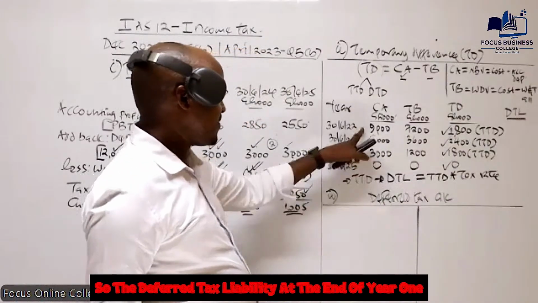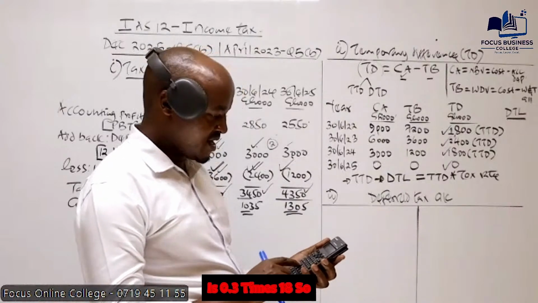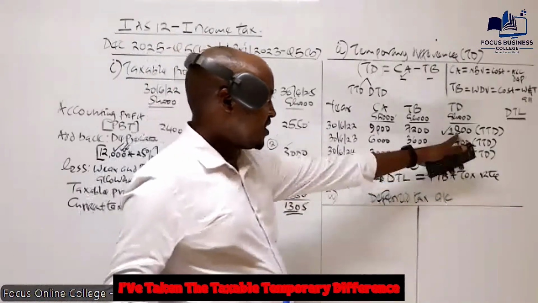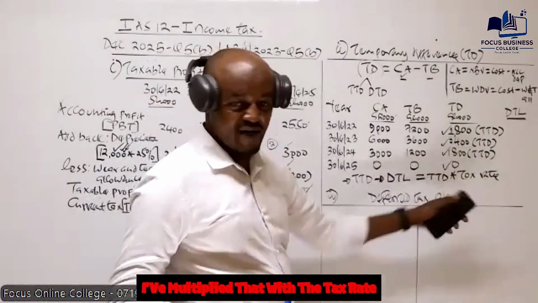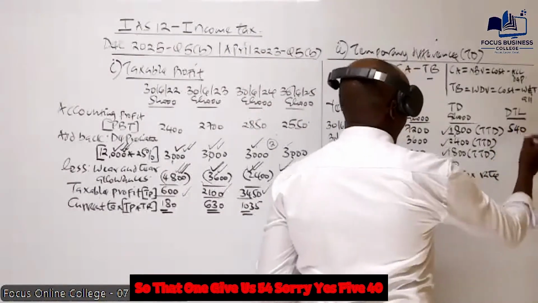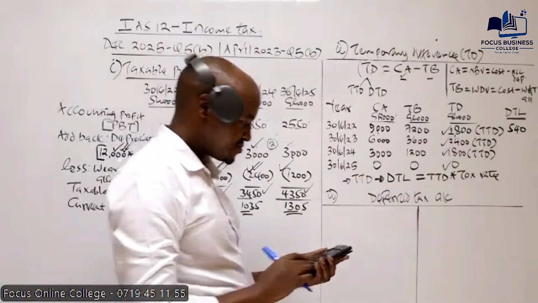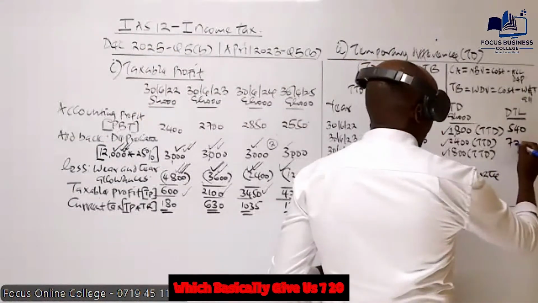So the deferred tax liability at the end of year 1 is 0.3 times 1800. I've taken the taxable temporary difference and multiplied it with the tax rate, which gives us 540. The other year we take 30% times 2400, which gives us 720.